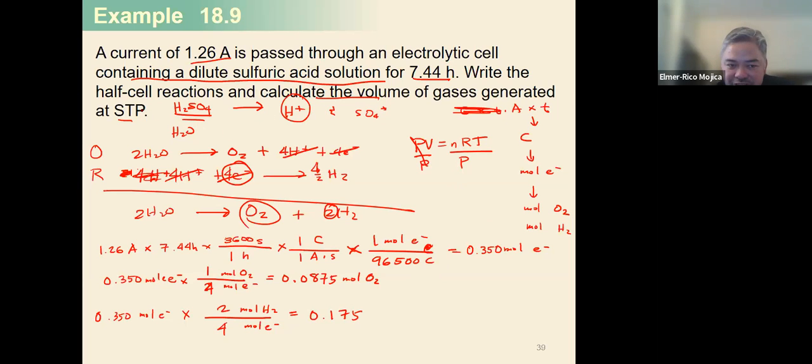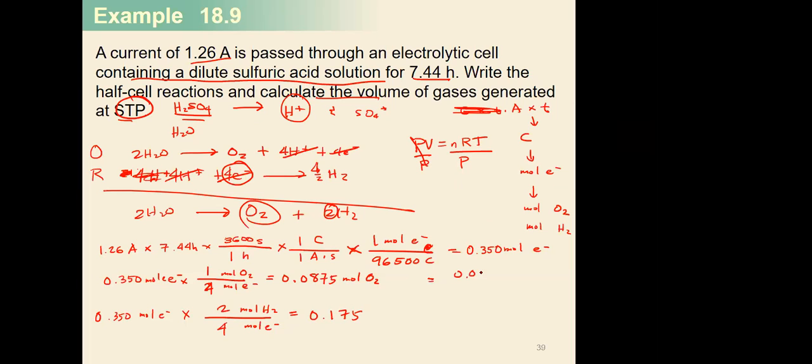Remember, the condition is STP. So what does STP mean? Standard temperature and pressure. Yep.